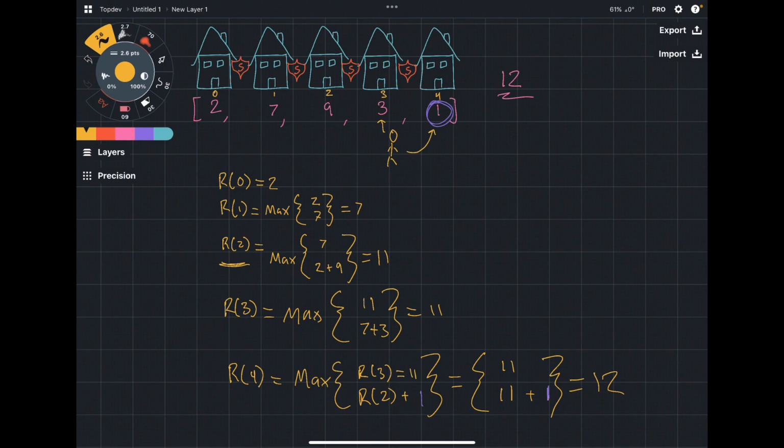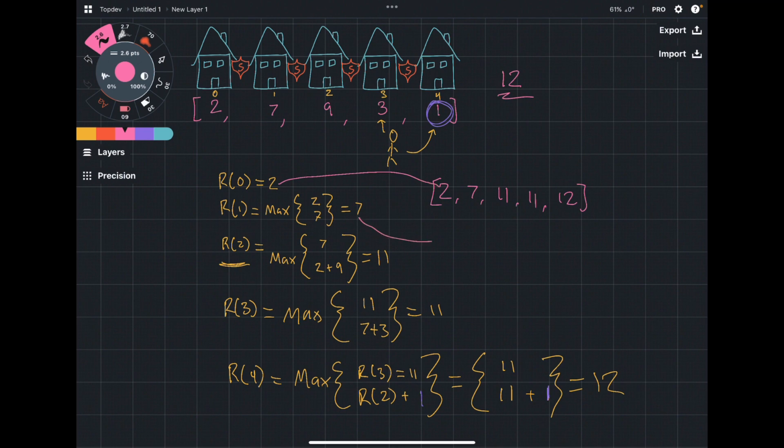So it looks like we kind of found a formula a little bit. If we write this in an array, then our array is going to look like this. It's going to be an array of 2, 7, 11, 11, 12. You're going to say, where are you getting this from? Well, we know that the 2 is going to be there.